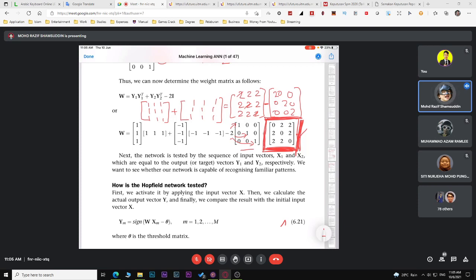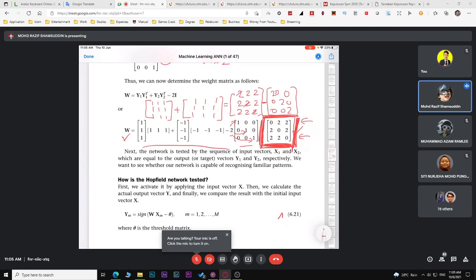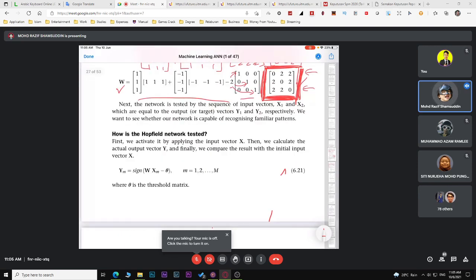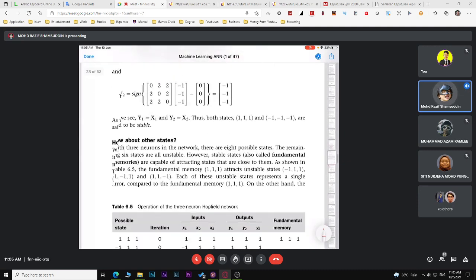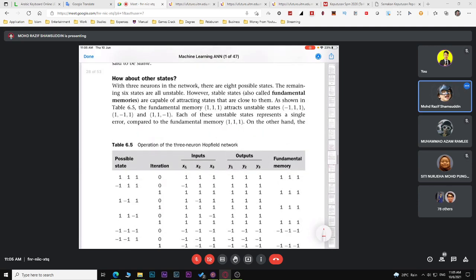This is the final weight that we are looking for. The long calculation we did is this. These are the weights that we are looking for. That means the first step is done. Step 1, storage: memorization of the fundamental memory is done.